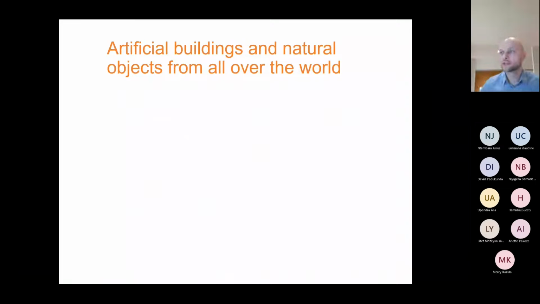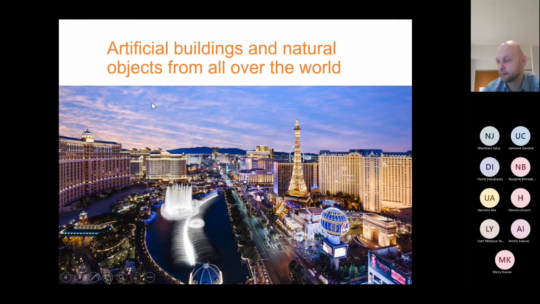So artificial buildings and natural objects from all over the world. There are some cities that attract international and domestic tourists by showing them artificially built infrastructure, like Las Vegas and casinos. Here are some examples.